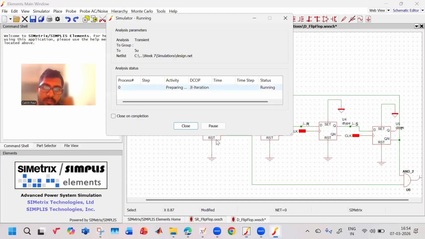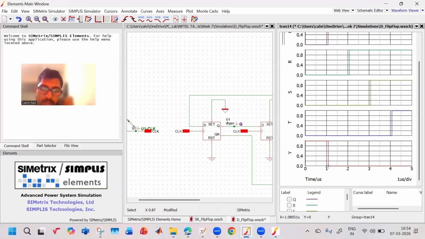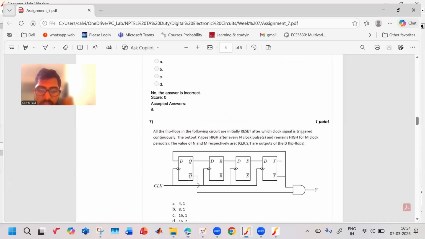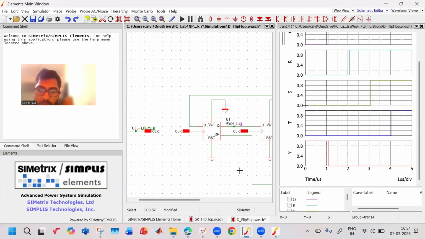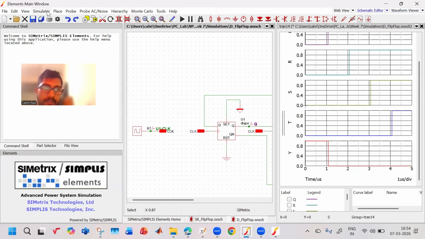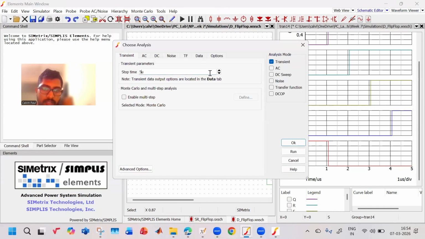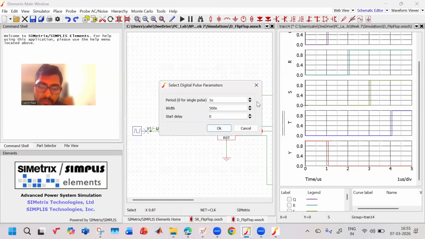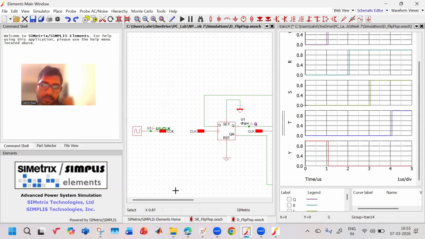Okay, let us simulate this. So also what was the clock? The clock was given, for clock is any value. This is the output. Just run it for more time. Let us make it 25 micro. What is the clock period? It is 500 nanosecond, 1 micro for single pulse. Okay.